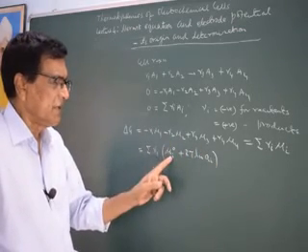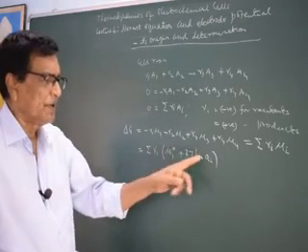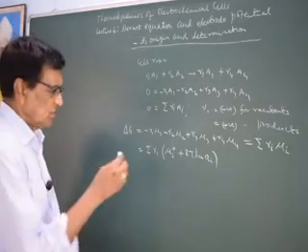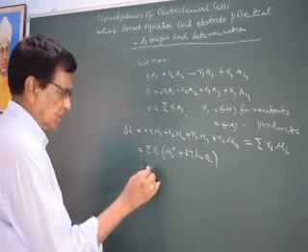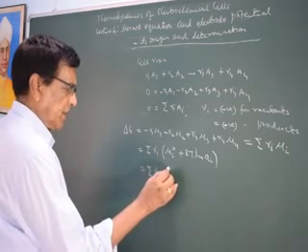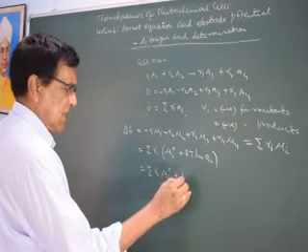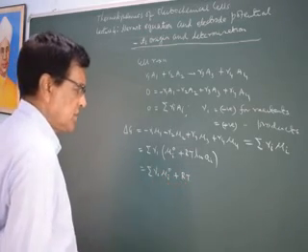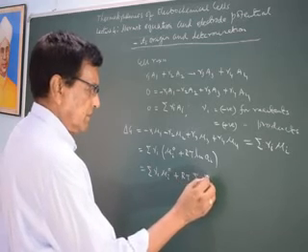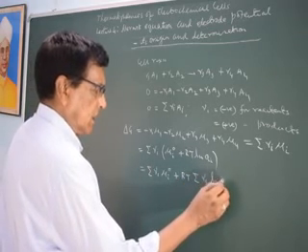It is the chemical potential of the ith component when its activity is equal to 1. So we can write the summation of nu I mu I naught plus RT, at a constant temperature, summation of nu I ln AI.